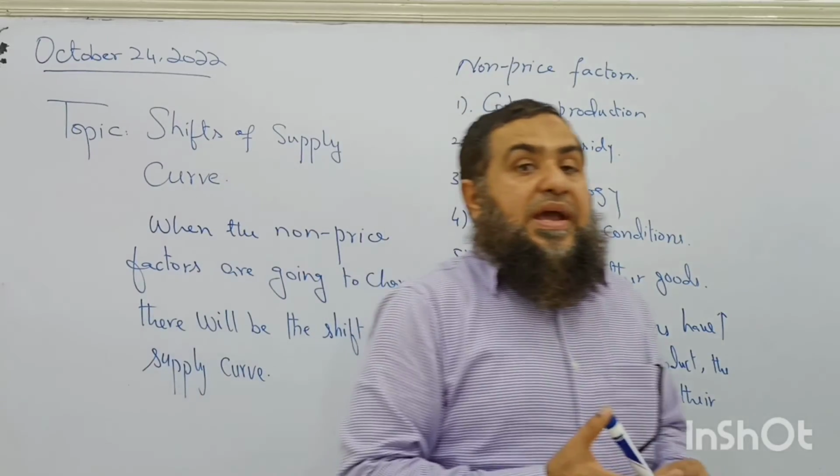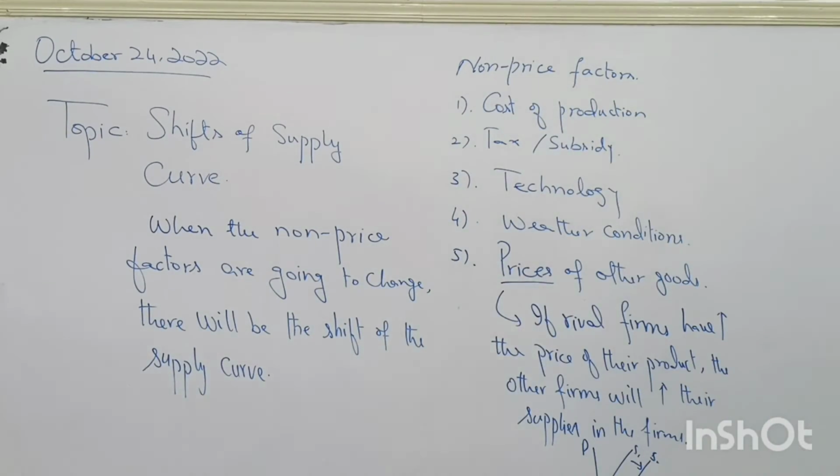Or can I say when new firms are entering into the industry, because existing firms are earning more and more profit, many new firms will enter into the industry, therefore the market supply will increase.